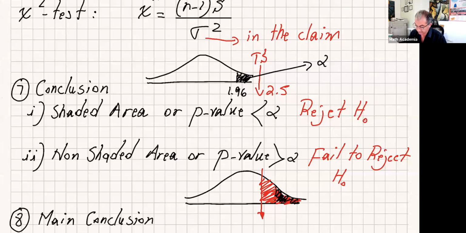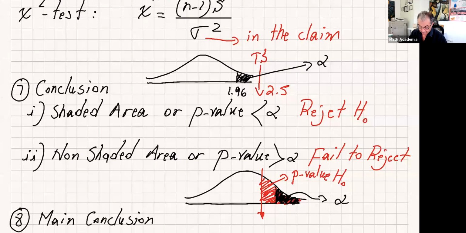If it's less, or if it's inside, then you reject H0. And one more time, this is the p-value, which is the probability value, and this black area here is alpha. In this case, the p-value is greater than alpha, so the conclusion would be fail to reject H0. Or you can clearly see the test statistics is in the non-shaded area. So again, the conclusion will be fail to reject H0.